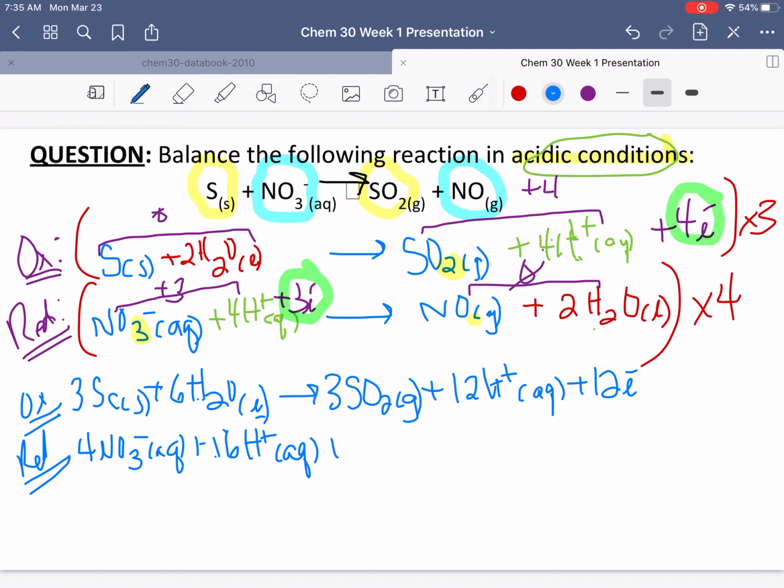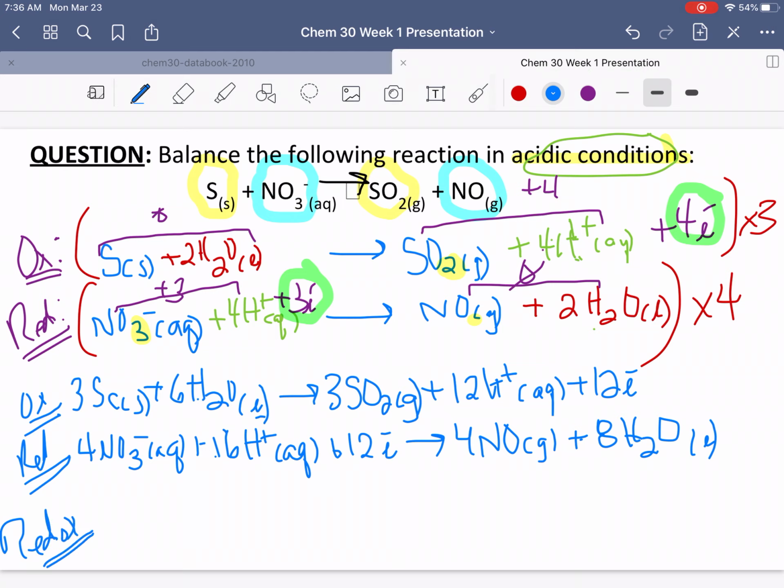And 3 electrons before, now there's 12 electrons going in. Produces 1 nitrogen monoxide gas before, times that by 4, we've got 4 NO gas. Plus, there was 2 waters before, now there's going to be 8 waters being produced. When we get to the redox reaction.